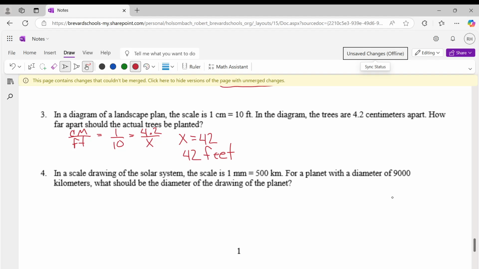And in problem number 4, scale drawing of the solar system, millimeters to kilometers.